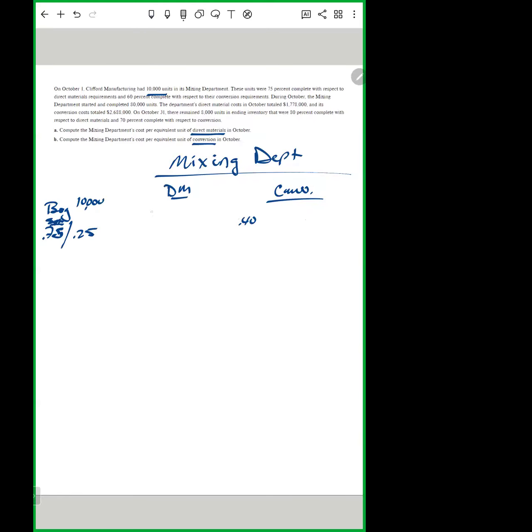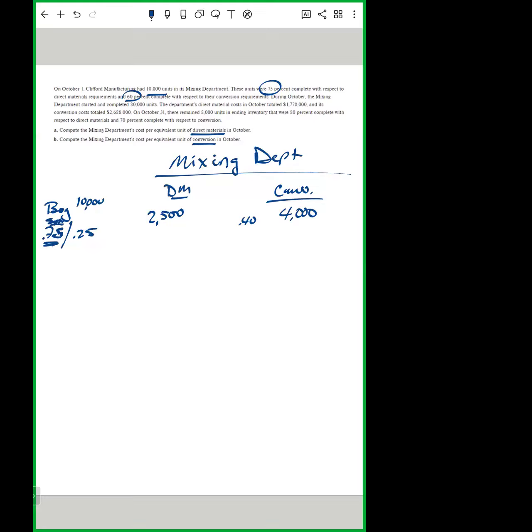So this is 2,500 units, and this is 4,000 units. Okay. Makes more sense. So again, be careful with these two because they both belong in the prior month, right? And I need the part that was done in October, not the part that was done in the prior month. And so we need to make sure that we only get the October captured here.